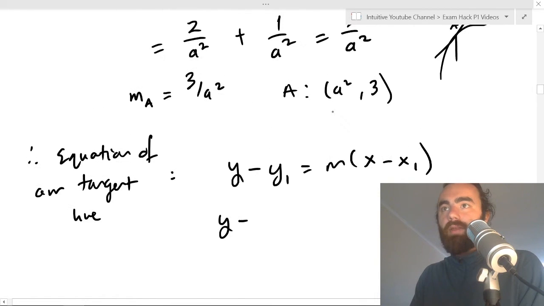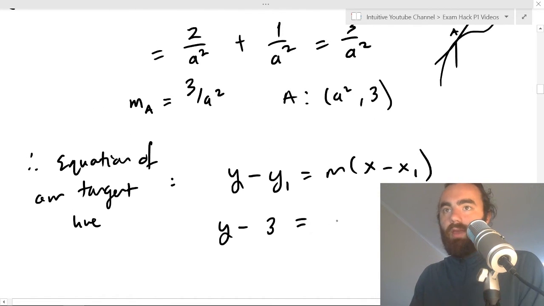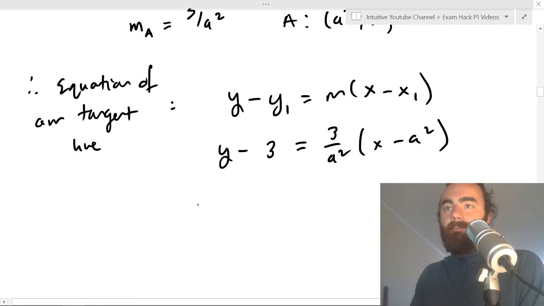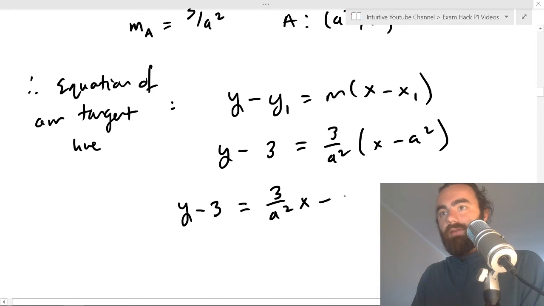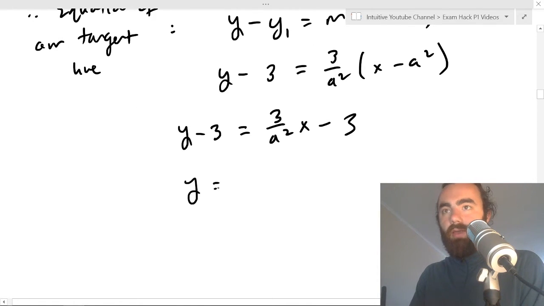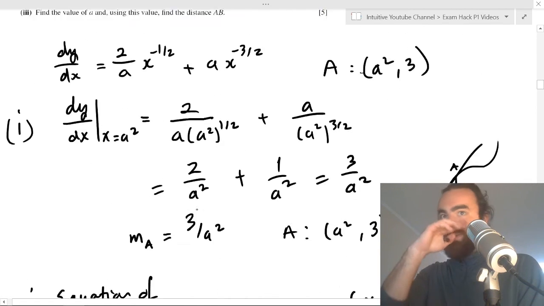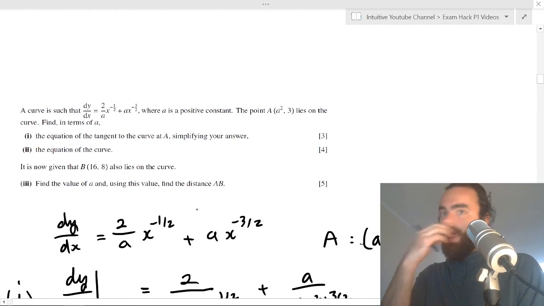So we get y minus 3 equals 3 over a squared times (x minus a squared). So y minus 3 equals 3 over a squared x minus 3, so we get y equals 3 over a squared x. So that's the equation of our tangent line at A.